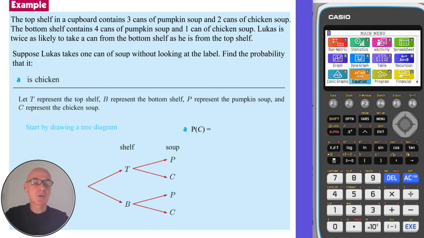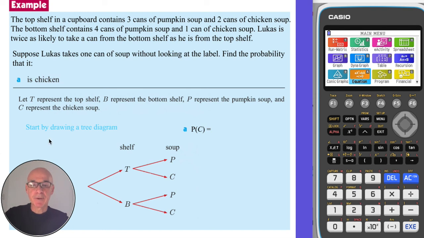In this question, we're asked to find the probability that Lucas takes a can of soup, which is chicken. So if we again start by drawing a tree diagram. The first section of the tree diagram is to do with the choice of shelf. We're told that Lucas is twice as likely to take a can from the bottom shelf as he is from the top shelf.